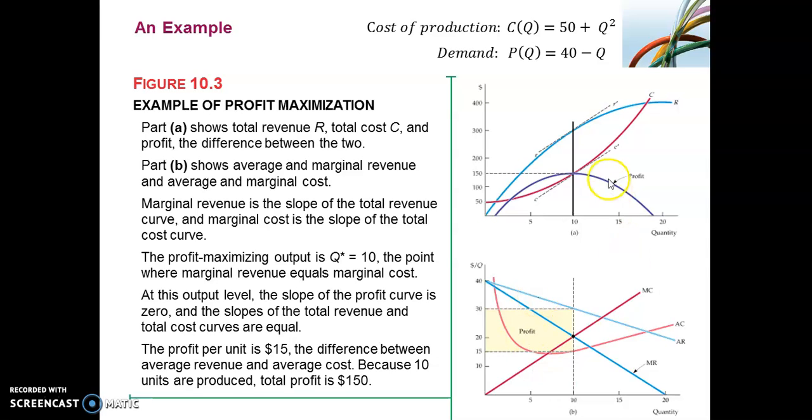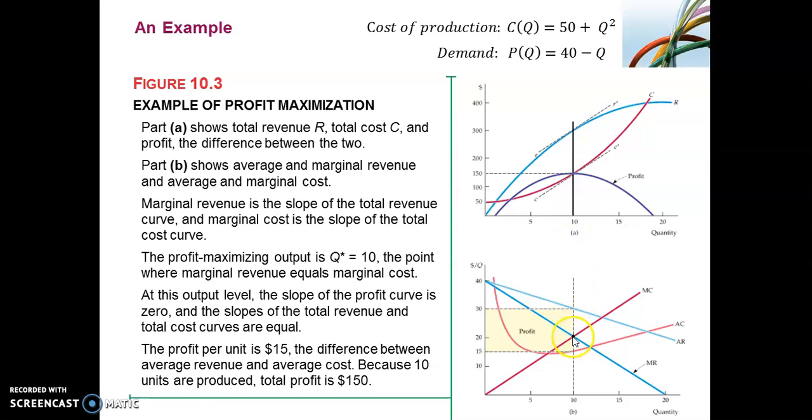And this still flows from this example. So you can again see that where marginal cost equals marginal revenue, that is where those two curves intersect, the profit maximizing level of output is 10. It corresponds to that value over there.